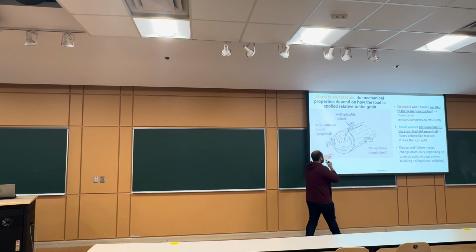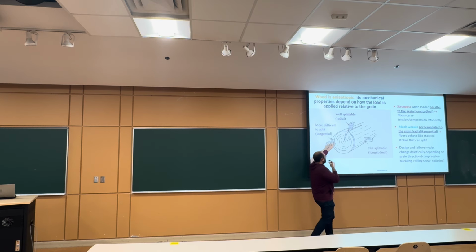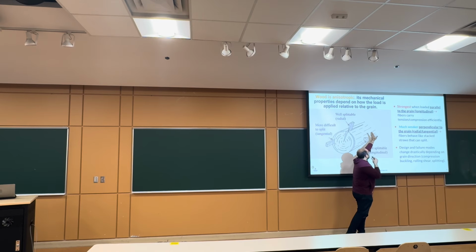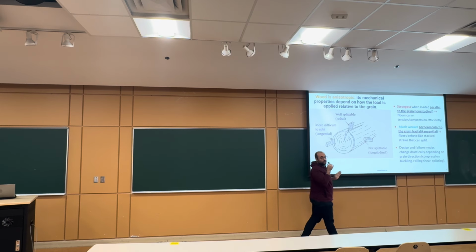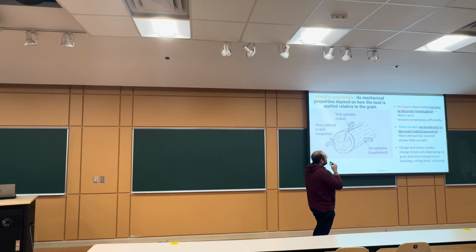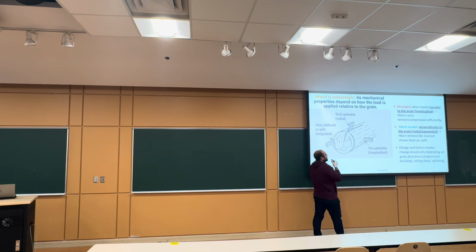The grain direction is in this direction, right? So wood grows in the outer direction. As we can see, this is the cross direction. Parallel to this direction is moving longitudinally all over the wood length. So that's the thing here. The strongest properties you can find when you load the wood in the longitudinal direction.